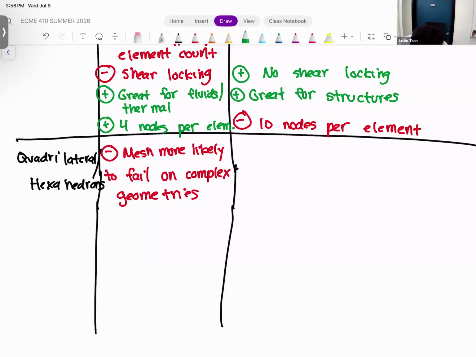But on the bright side, the hexahedron elements are very efficient at filling space. And so for the cases where it does work, you're not going to run up the element count too much.